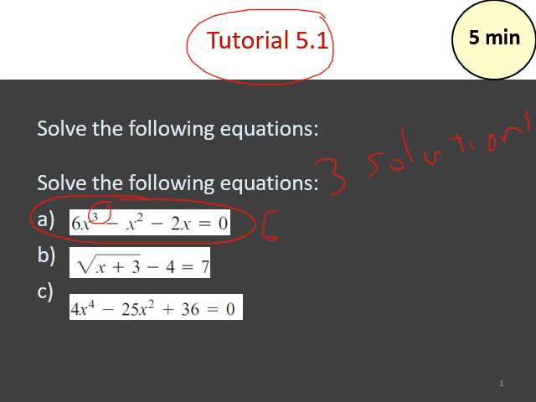We are given 6x to the power of 3. It seems that x can be the first factor we can bring out. And then we can conduct the quadratic factorization from the bracket there.